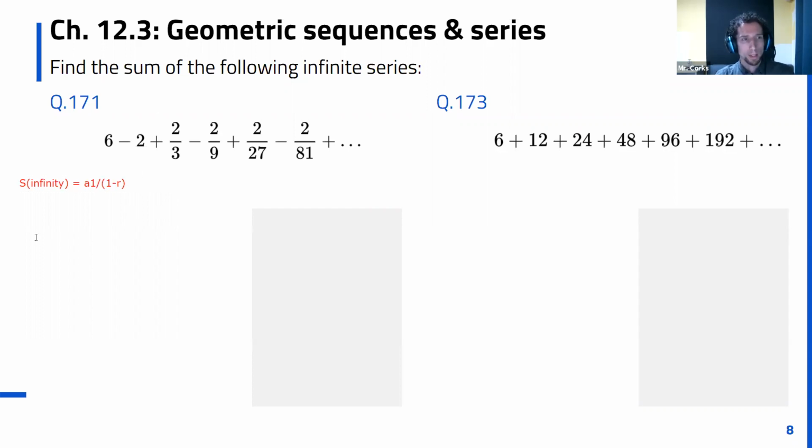Okay, for the one on the left, what do we have? We have A1, we can see very clearly is just 6. What is our R value? Negative 1 over 3. Okay. Negative 1 over 3. All right. So again, it's a negative R value.